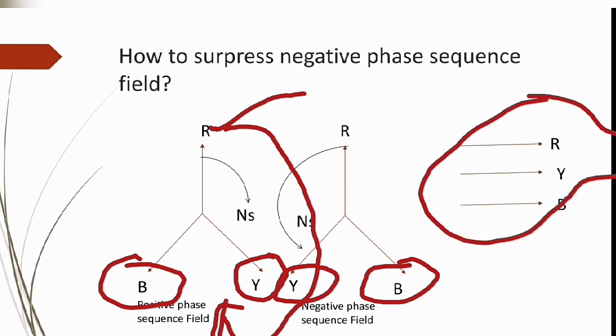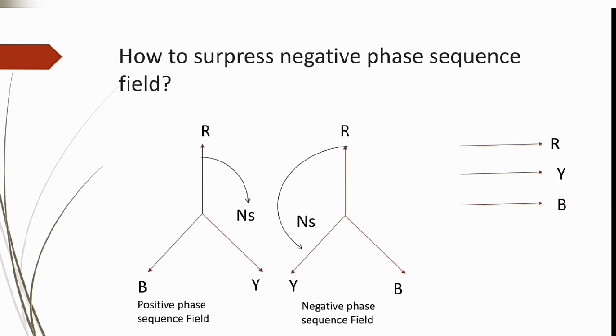In the zero phase sequence, no rotating MMF or rotating field is generated. We know the positive phase sequence is the normal phase sequence which we should follow, so the complication occurs due to the negative phase sequence. That's why it is important to suppress the negative phase sequence field.